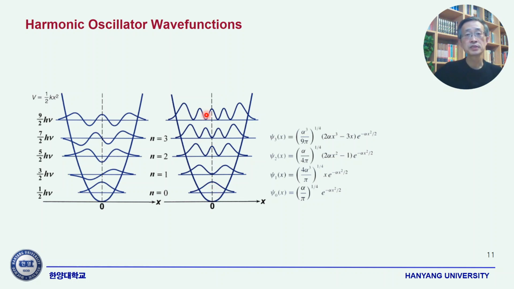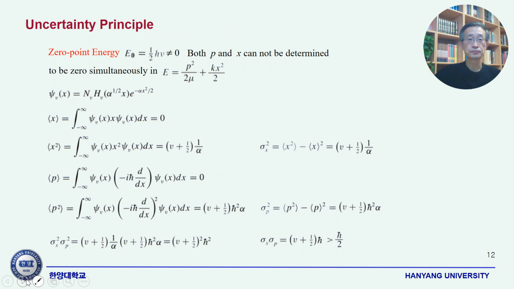So this probability means that the state of the oscillator is mostly within the classical limit. The classical limit is given by this potential curve, but there is a kind of tunneling out, or probability beyond the classical limit. Okay, that could be analyzed further.